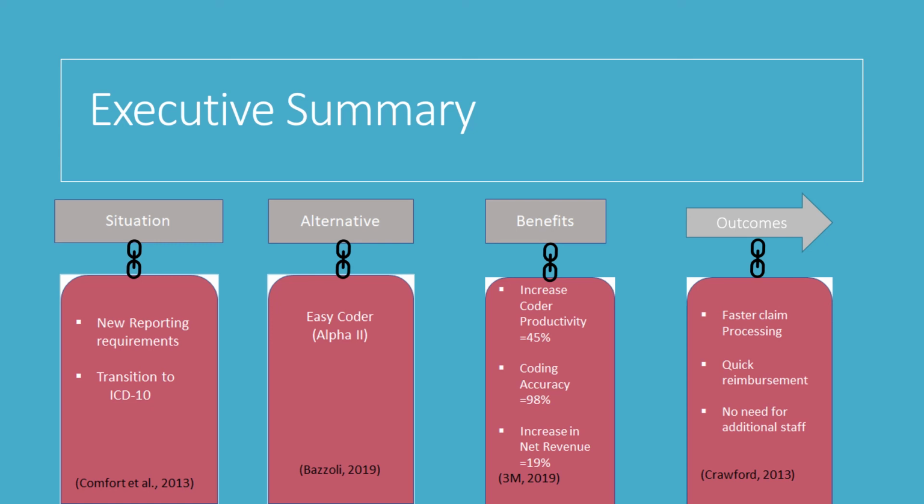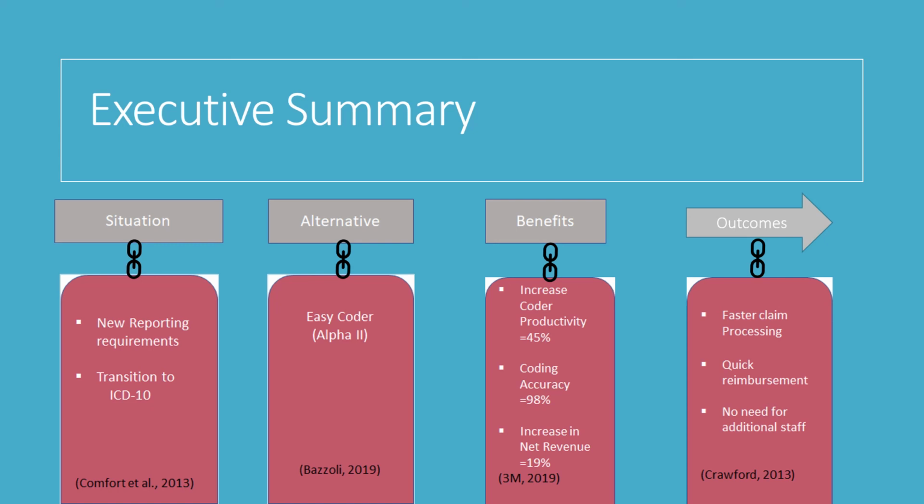Now, benefits. We need those benefits. There would be a 45% increase in coder productivity, a 98% increase in accuracy, and a 19% increase in net revenue. Now, this is all according to the 3M website.